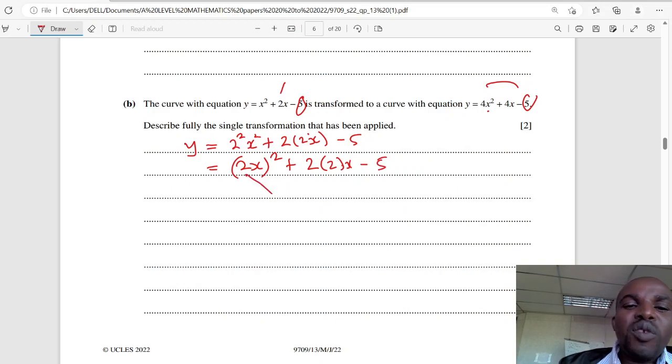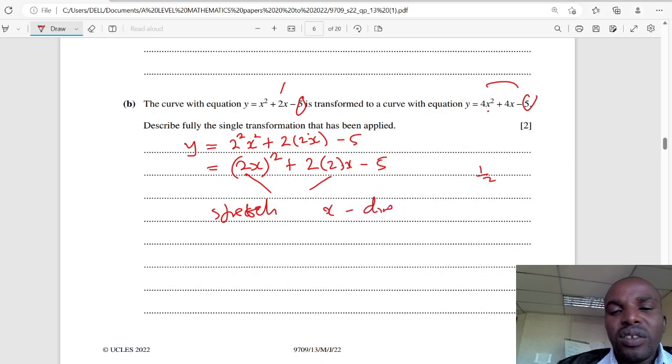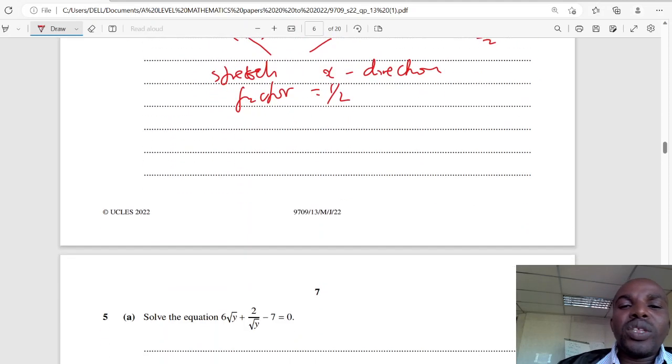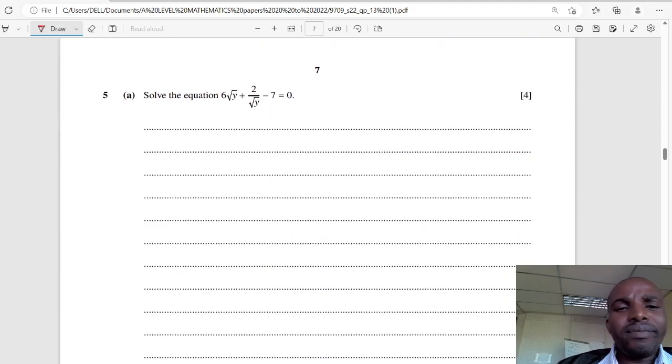So in other words, we have multiplied our x by 2. So if you multiply by 2, then it's a stretch in the x direction. And our stretch factor, in this case, it will be half, right? So it's a stretch in the x direction, factor half. You're done. So these are 2 free marks.